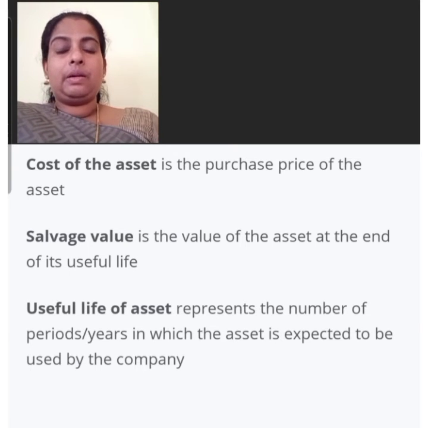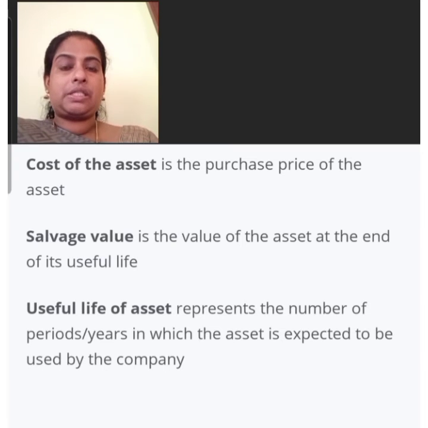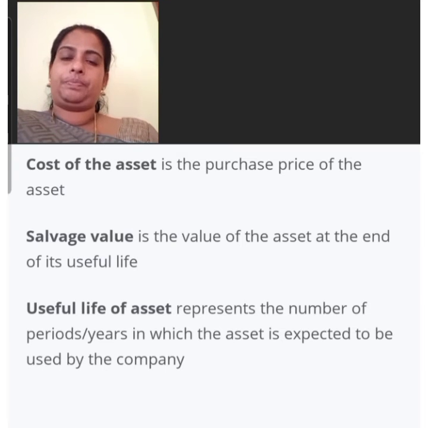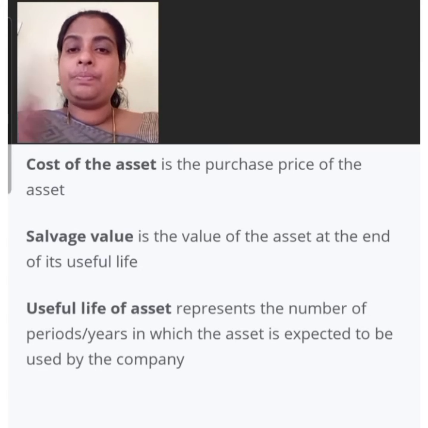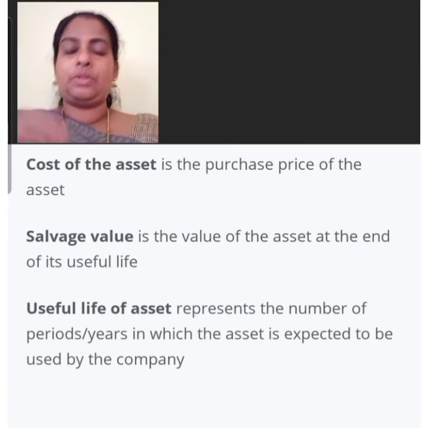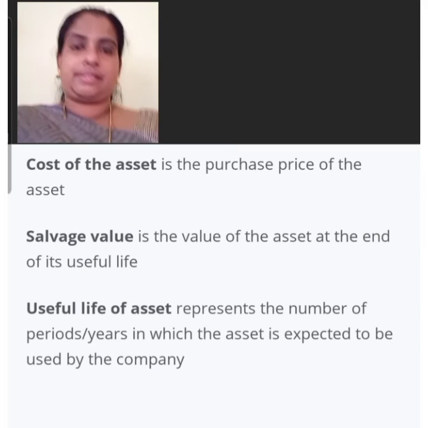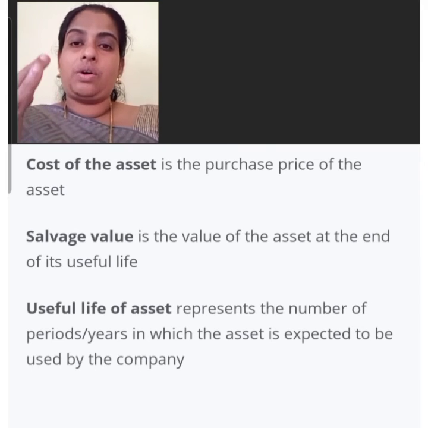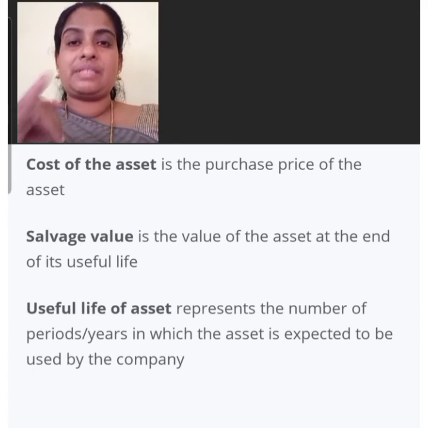Then secondly, calculate the depreciation of additional purchase, that is the additional purchase of 5,000 made on 1st July. The accounting period is from 1st January to 31st December. So the furniture is used from July onwards, that is July, August, September, October, November, December. Machinery used for 6 months.